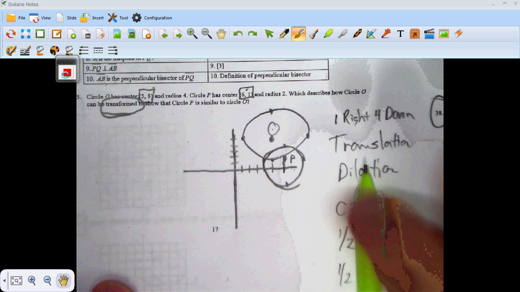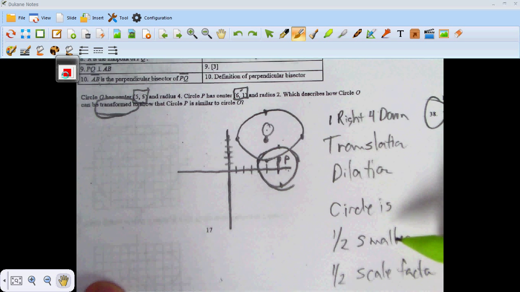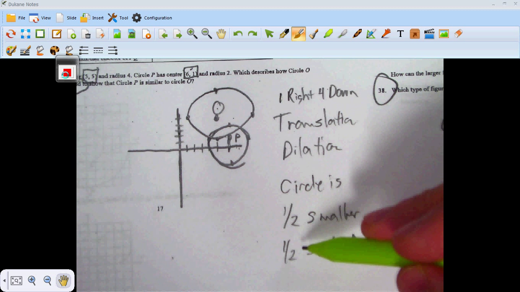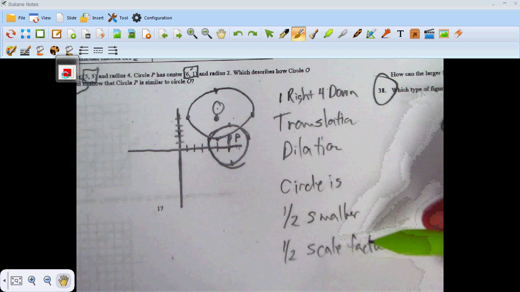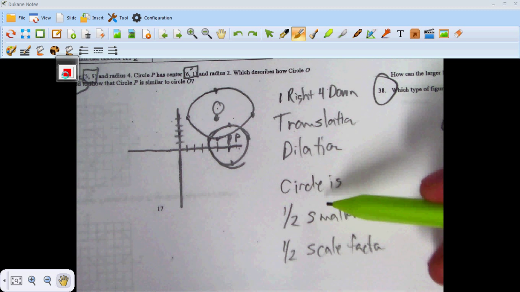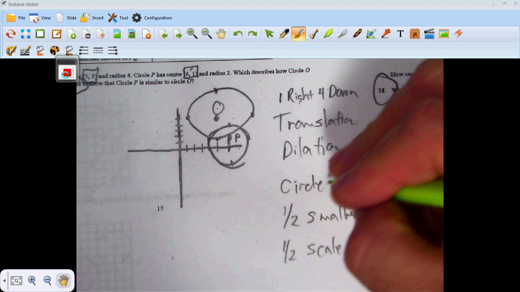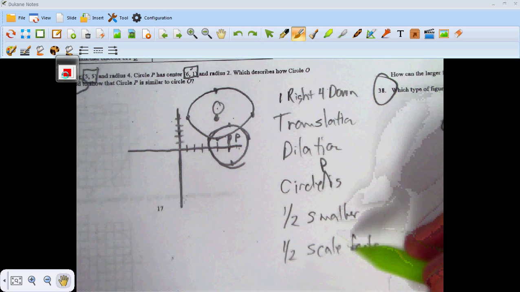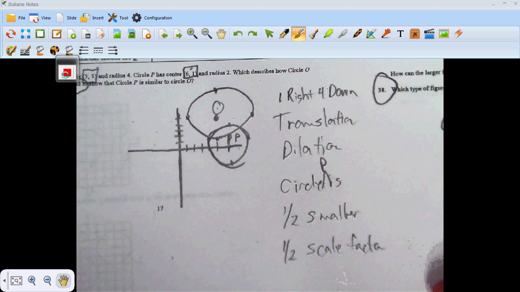So circle P is 1/2 smaller, or it's a dilation with a scale factor of 1/2. We'll put circle P. It's 1/2 smaller and has a scale factor of 1/2.